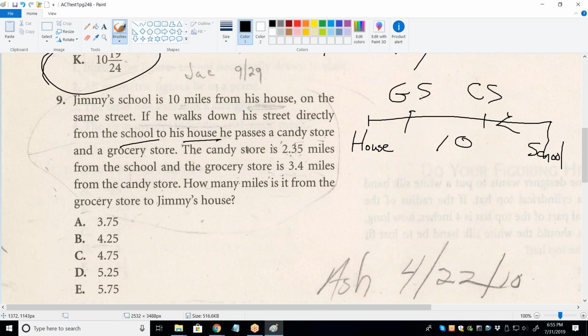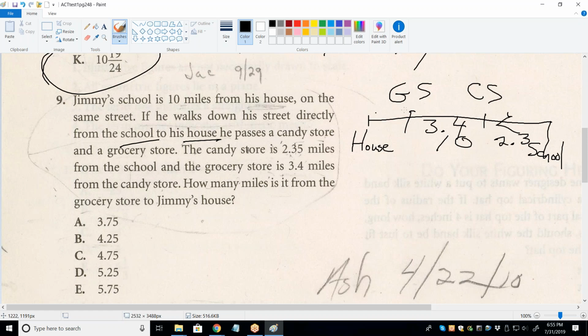The candy store is 2.3 miles from the school. That's this measurement right there. And the grocery store is 3.4 miles from the candy store. How many miles is it from the grocery store?